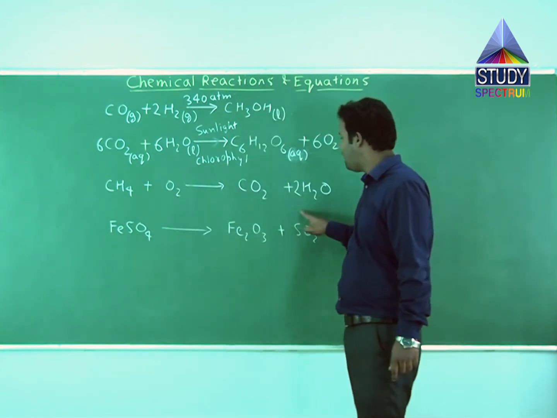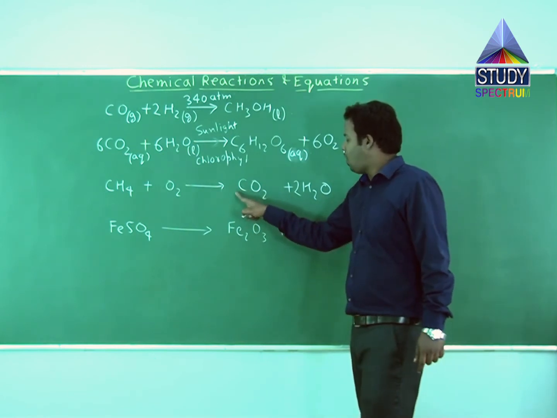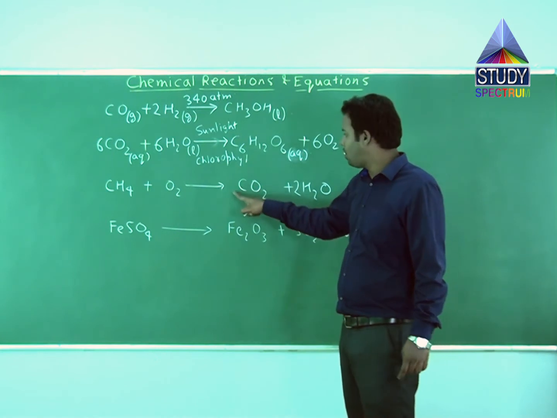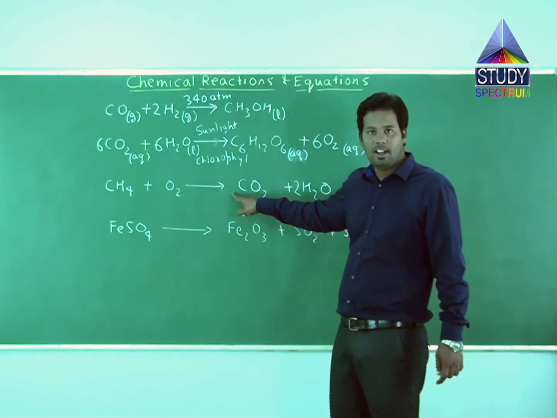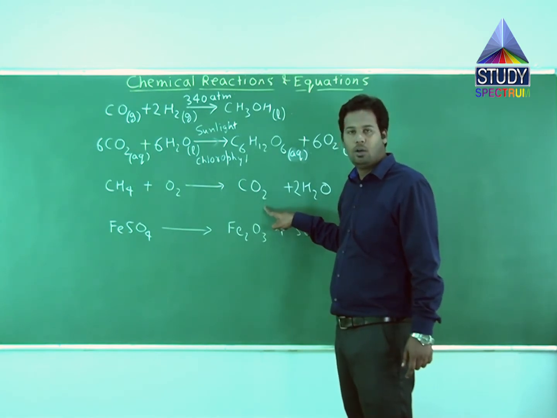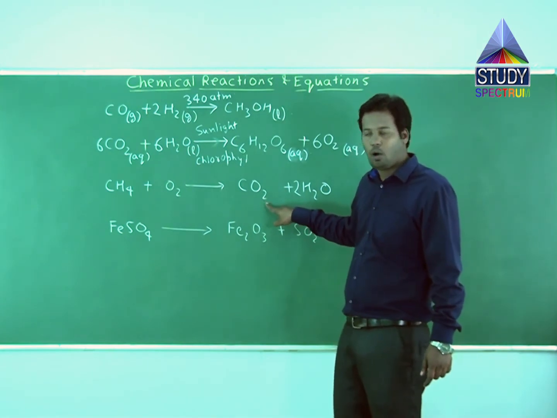If you see the right hand side, both the products contain oxygen atoms. The first product contains 1 into 2, that is 2 oxygen atoms. Why? Because the stoichiometric coefficient of CO2 is 1 as nothing has been written, and the suffix of oxygen is 2 in this molecule. So 1 into 2 becomes 2.